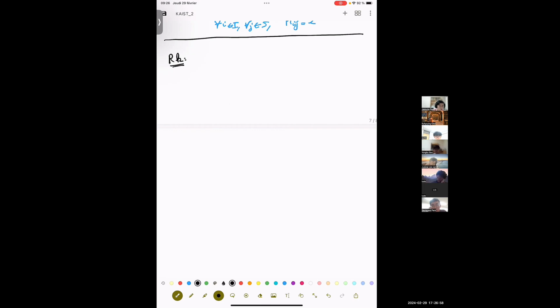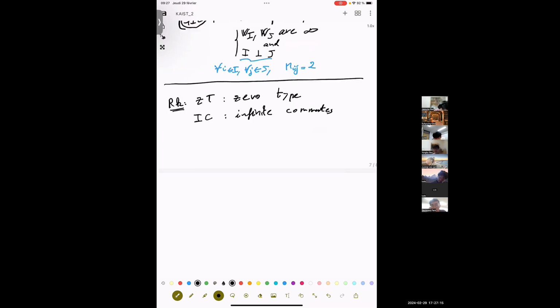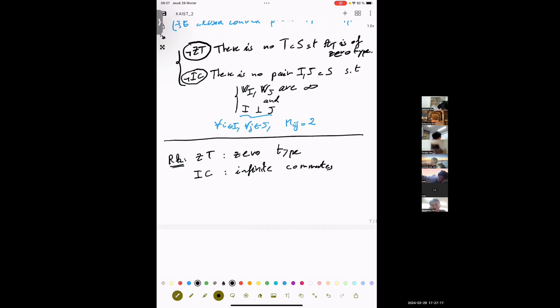So remark. So ZT is abbreviation for zero type. So no ZT means no zero type inside your Cartan matrix. IC is the abbreviation for infinite commutes. Because in this situation, if you have this, it exactly means that Wi and Wj are infinite and they commute. This condition means that they commute.